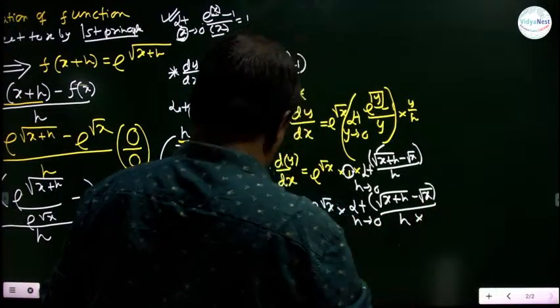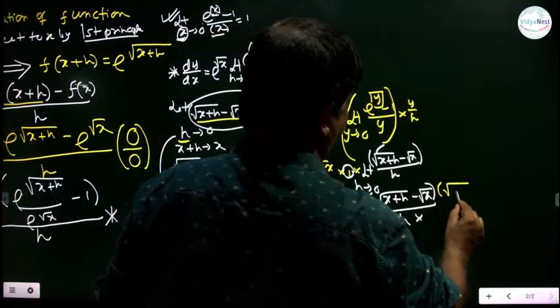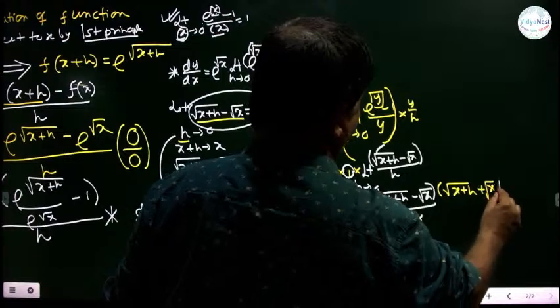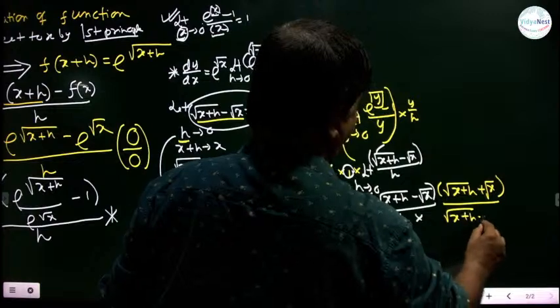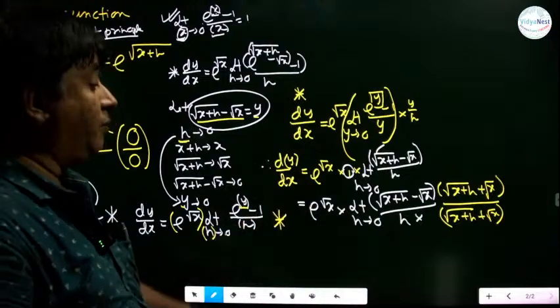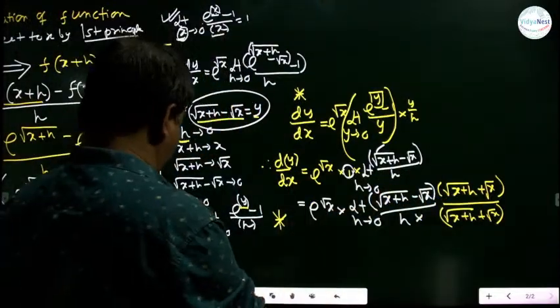Multiply numerator by root x plus h plus root x, and the denominator also by the same. So that will give you a plus b into a minus b formula in the numerator.